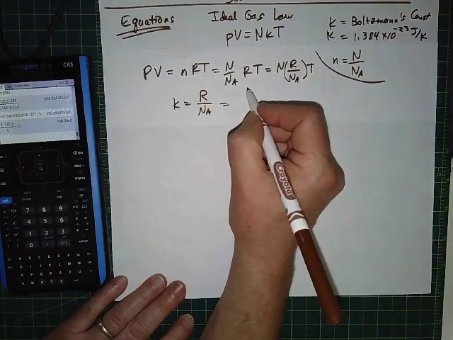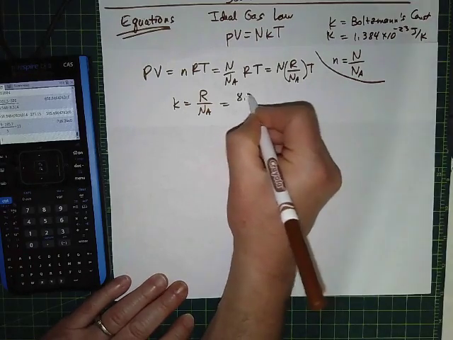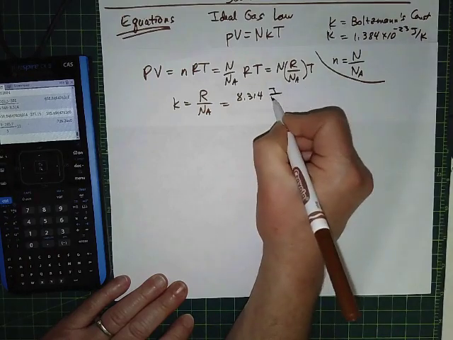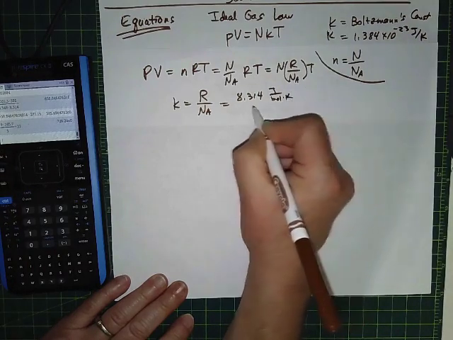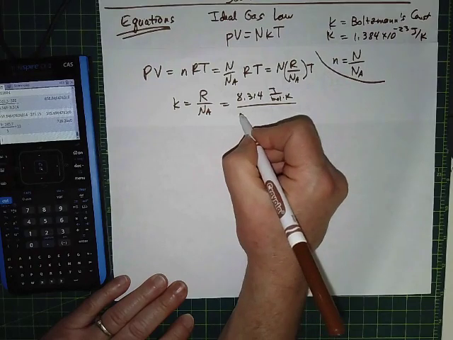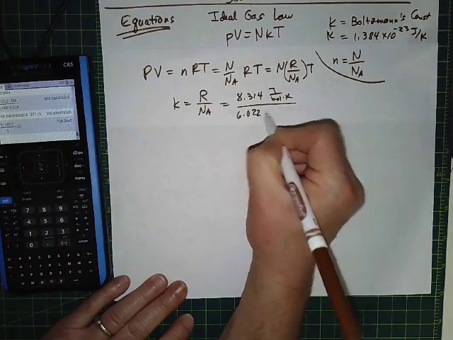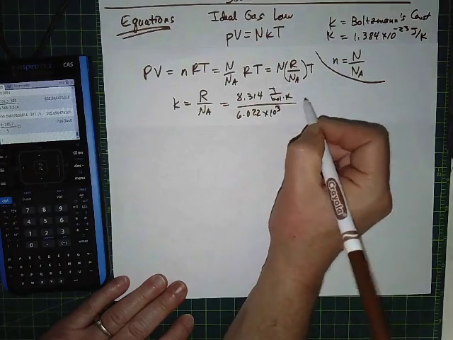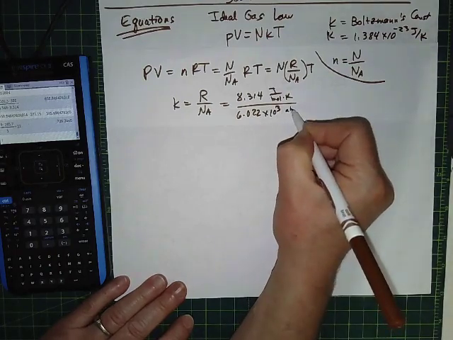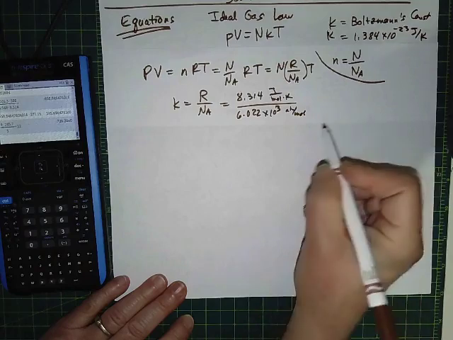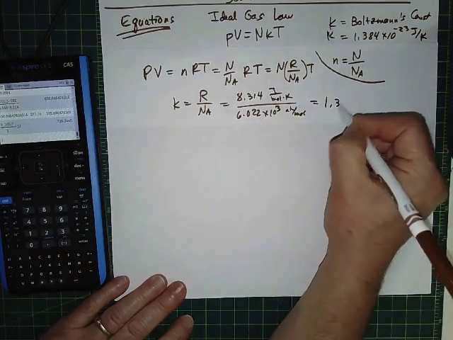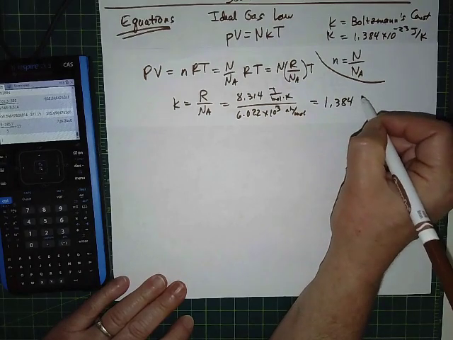R was 8.314 joules per mole Kelvin, and N sub A is Avogadro's number, 6.022 times 10 to the 23rd atoms per mole. That's how we get our k, which is 1.384 joules per Kelvin.